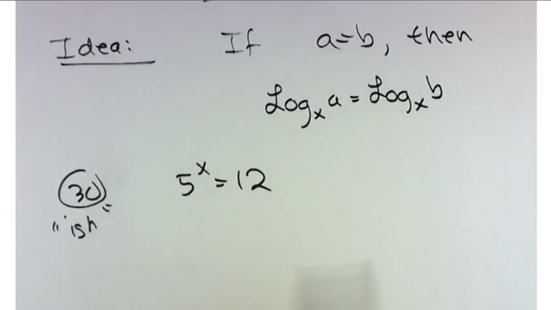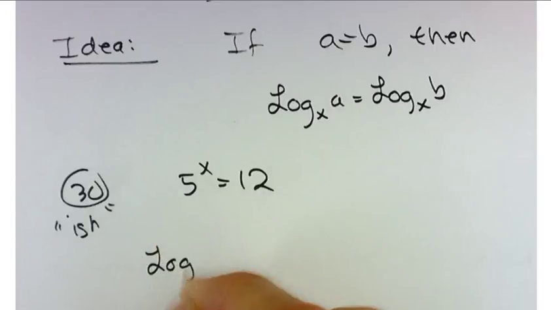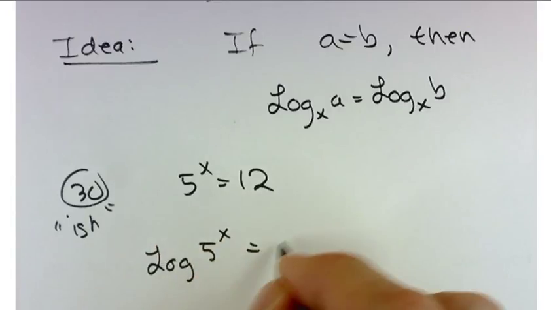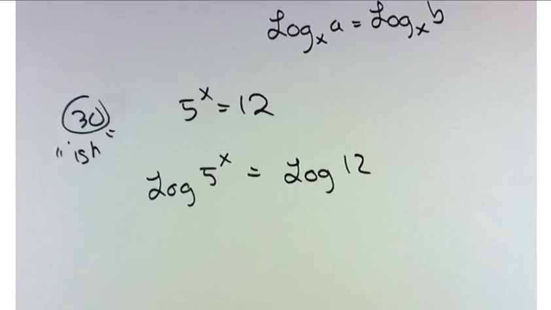Well, let's take our advice up here. Let's take the log on both sides. Now, if I don't write anything here, what base logarithm do I understand myself to be using? 10. Does this help? I took the log on both sides, and it actually looks worse. Is there anything I can do from here?